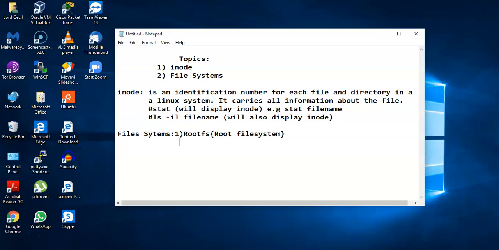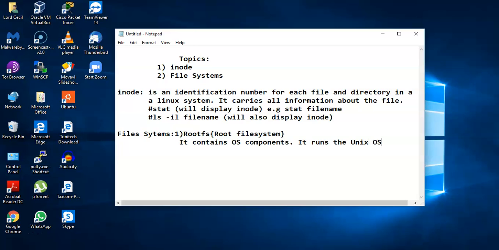It runs the Unix operating system, general Unix.